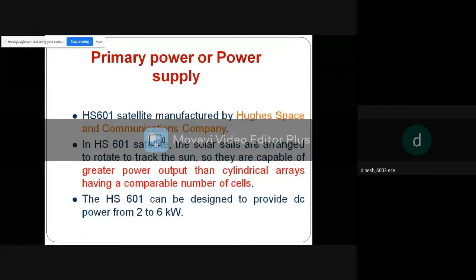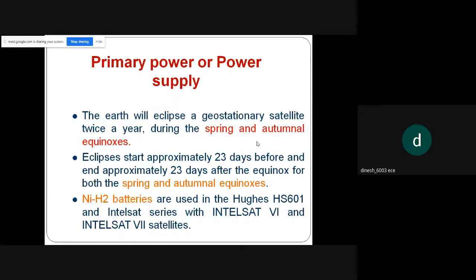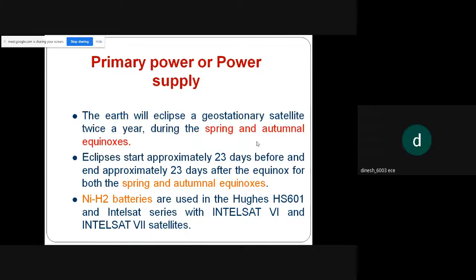And as I said earlier, the eclipses will occur for an approximate period of 23 days before and after the equinox, for both the spring and autumnal equinoxes.